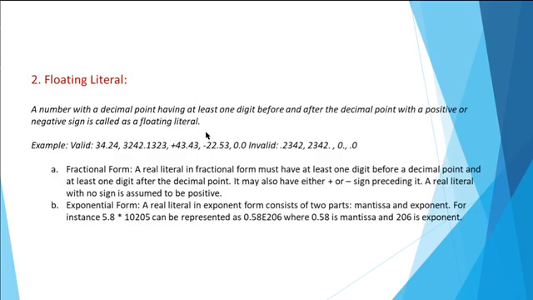Floating point literals. Floating point literals are those constant values which have a decimal point with them. There are 2 types of decimal point values or floating values. One is fractional form. The fractional form is the one with a positive or real number, which you get when you divide a number by another number, or one with a decimal point.